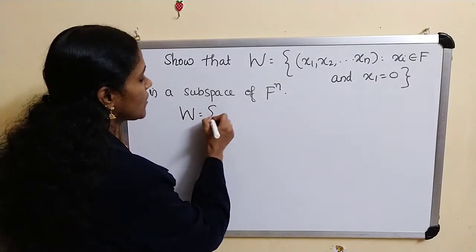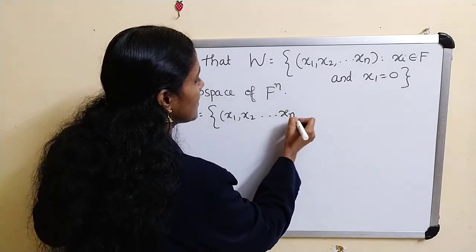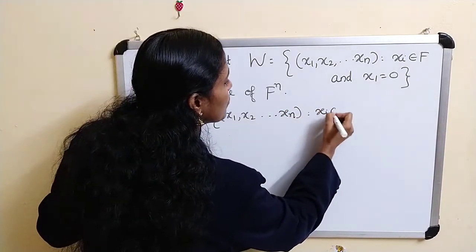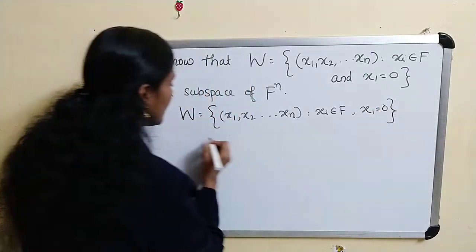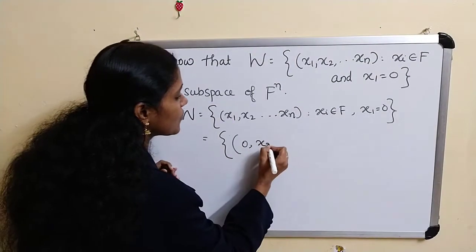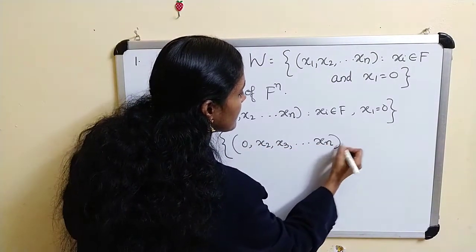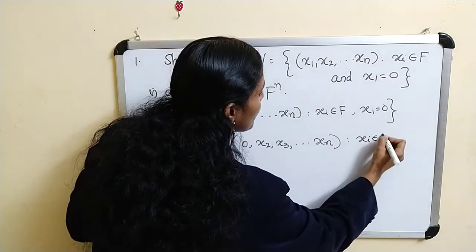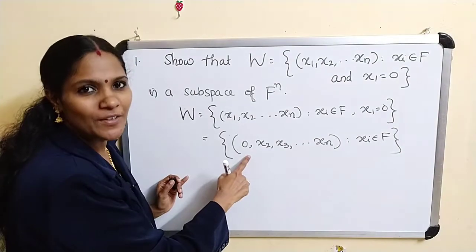So what about W? W equal to the set of all (x1, x2, ..., xn) such that xi belongs to F and x1 equal to 0. That is, W is the set of all (0, x2, x3, ..., xn) such that xi belongs to F. The first coordinate is 0.